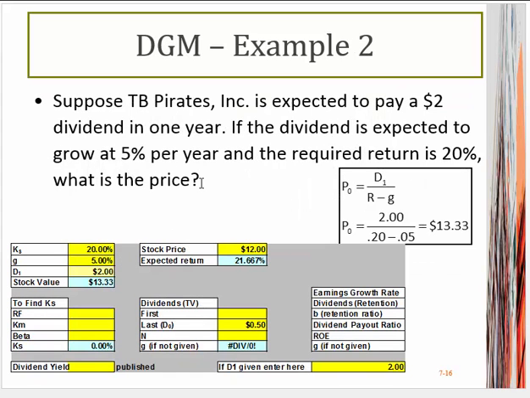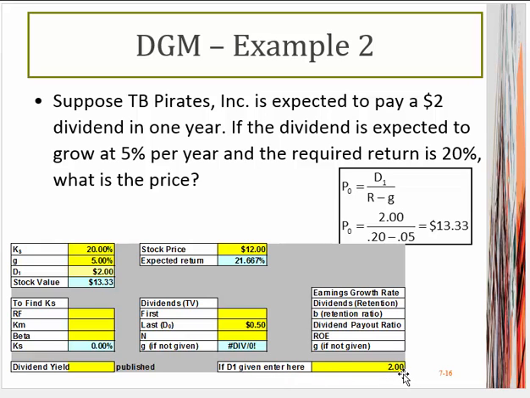So let's look at example 2. Again, we're going to get a $2 dividend. Now in this case, the $2 dividend is going to be paid in 1 year. Here's where I tell you about a little sneakiness, if you will. We can put the 50 cents here; it doesn't do anything for us in this example. There is a box that says if D1 is given, you enter it here.